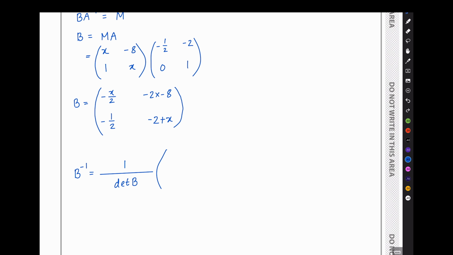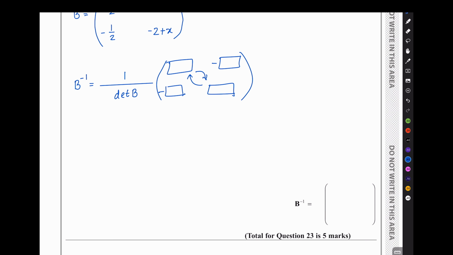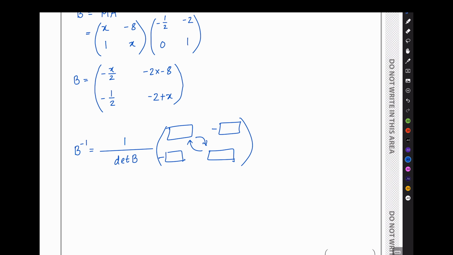I forgot the labels, but this one and this one should be swapped. And for these two positions, the signs should be reversed, right? That's the format of inverses. I hope you get my gist. That's how I actually remember it. I don't remember A, B, C, D, I just remember the format.